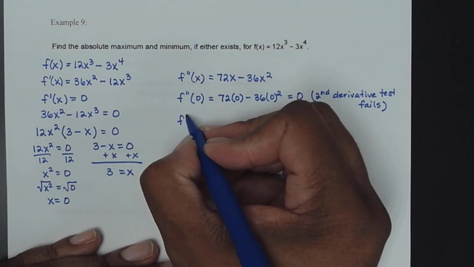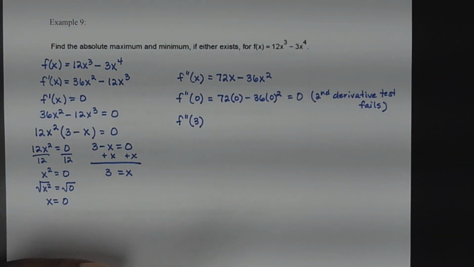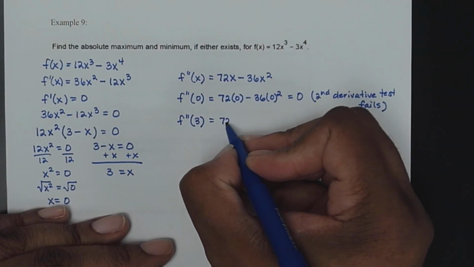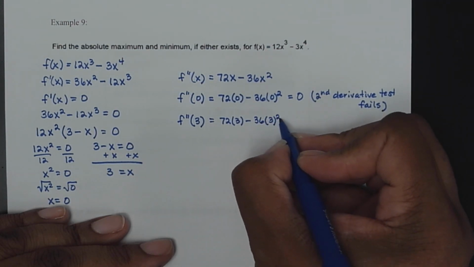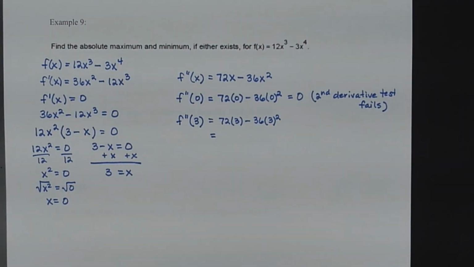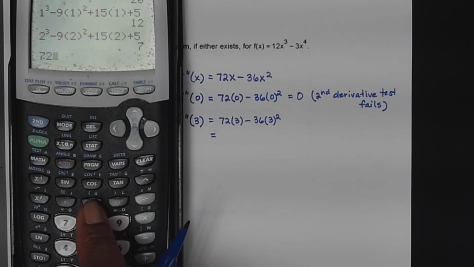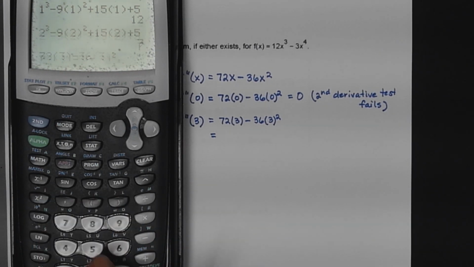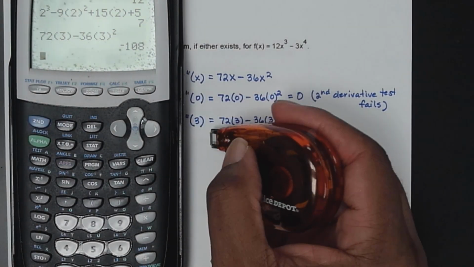But let's find out what's happening at x equals 3 when I replace the x in the second derivative function with 3. Here I'm going to have 72 times 3 minus 36 times 3 squared. I'll go ahead and use a calculator to save time. I'm going to do 72 times 3 minus 36 times 3 squared, and that equals, in this case, negative 108.